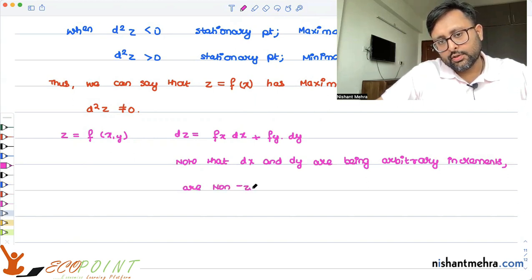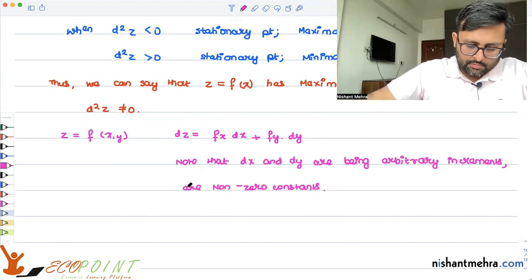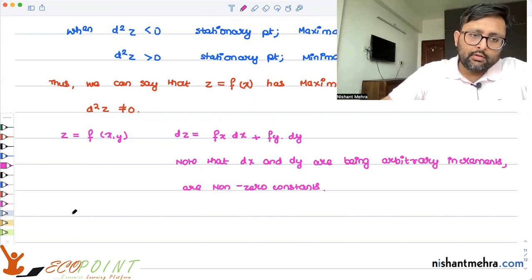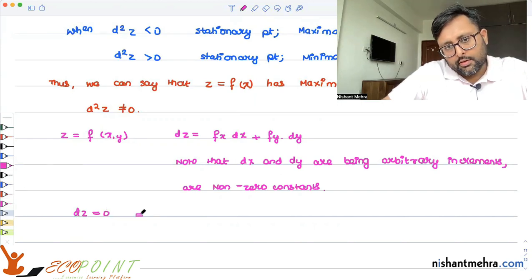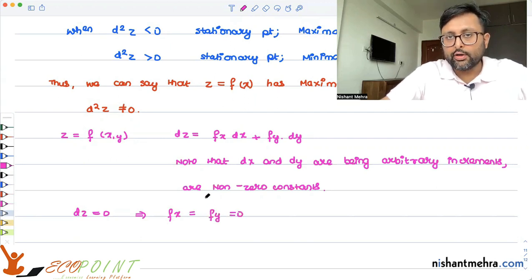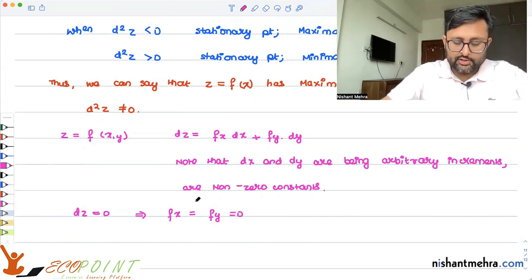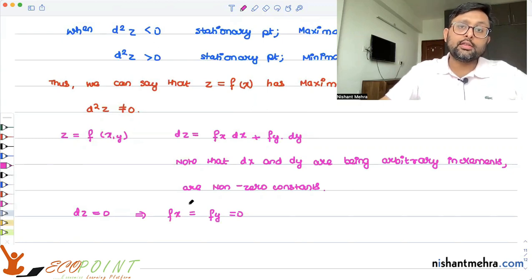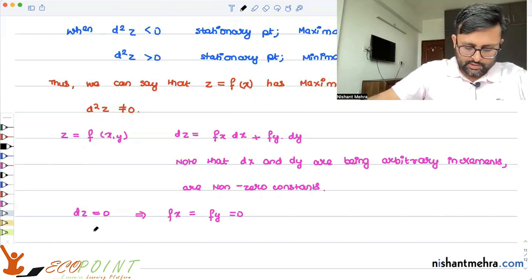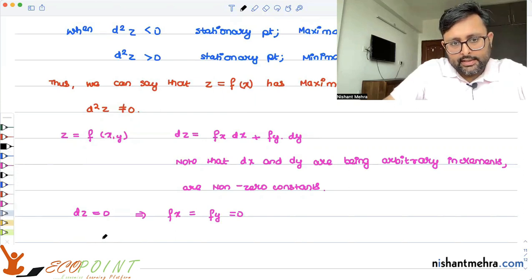Both del f by del x and del f by del y must be 0. Then only dz is going to be 0. So that is the first order condition. That's a necessary condition for maxima or minima for the function of several variables, right? So that is the necessary condition.